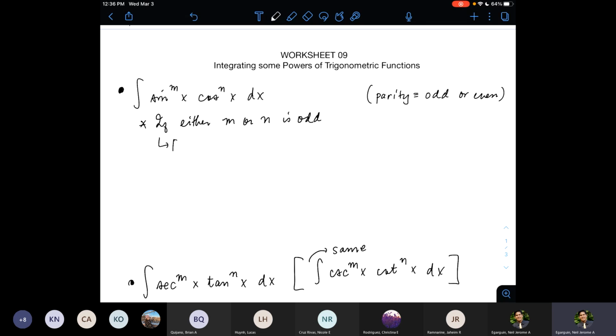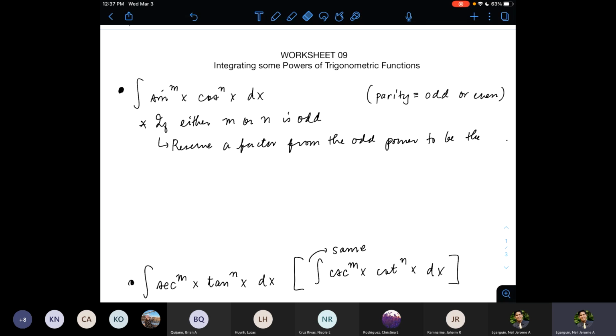You reserve a factor from the odd power to be the du, right? Say you have sine to the third x. That's odd, so you take one of those sines, and that will be reserved to be our du. If you're reserving sine to be the du, then you let u equal cosine, so that you utilize that isolated factor for the du.